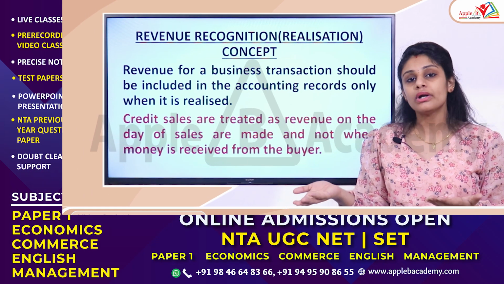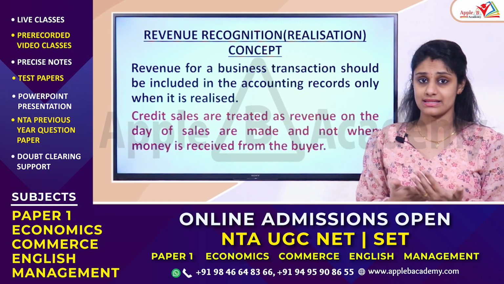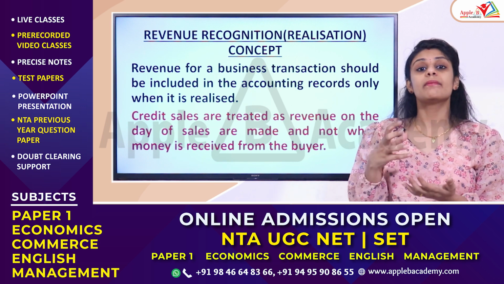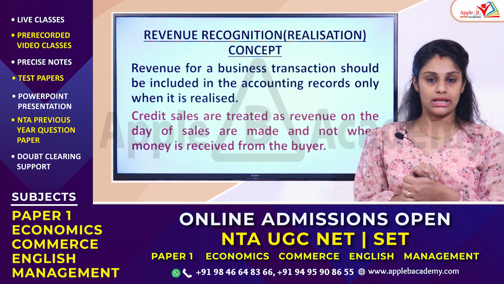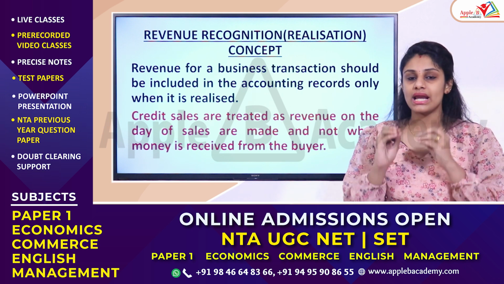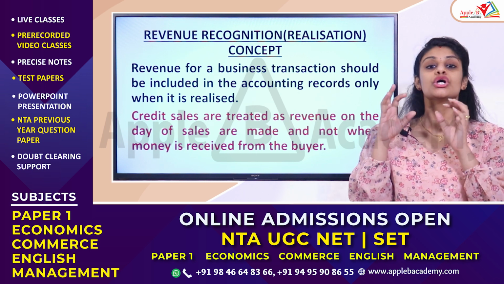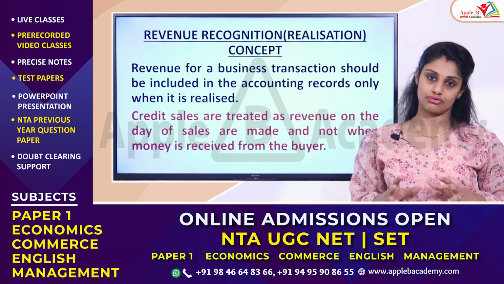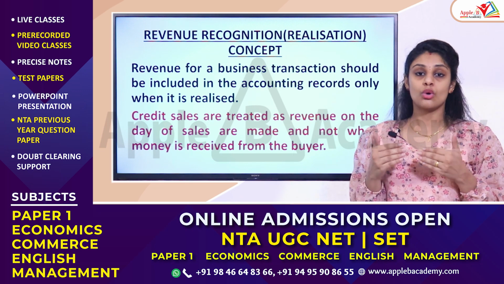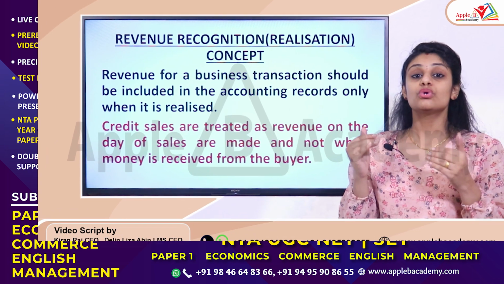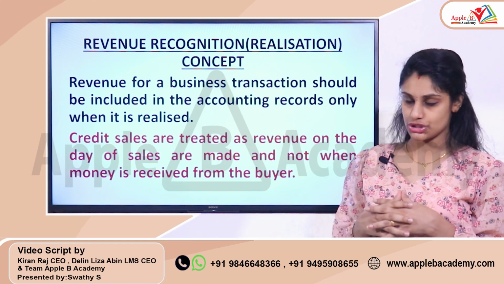When a sale happens, we record it on that day itself, because we know we will be receiving the amount on a future day. So when you realize, when you identify that you will receive a particular payment, you should record it in the books of accounts. That's about the revenue recognition or realization concept.